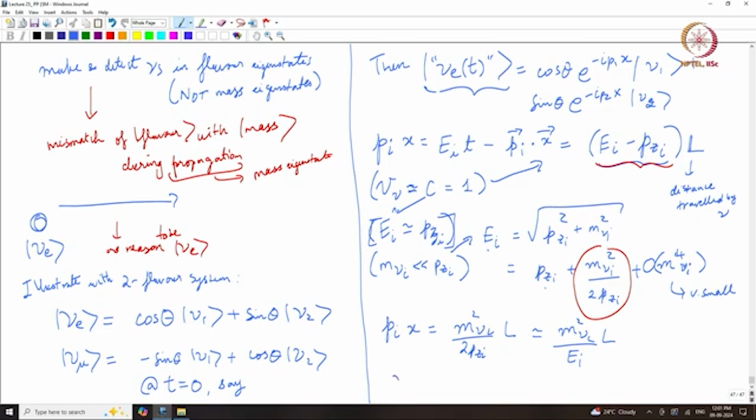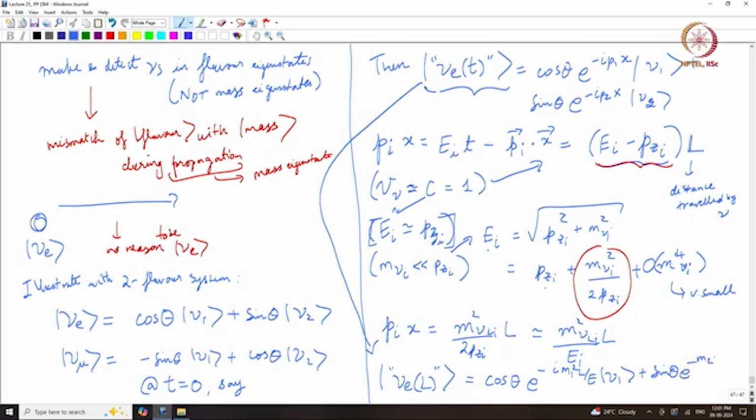So, I am going to now finally write the neutrino state, which is not really one particular flavor eigenstate, after having traveled a distance L, it would now be e power minus i m1 squared L over E nu 1 plus sin theta e power minus i m2 squared L over E nu 2.